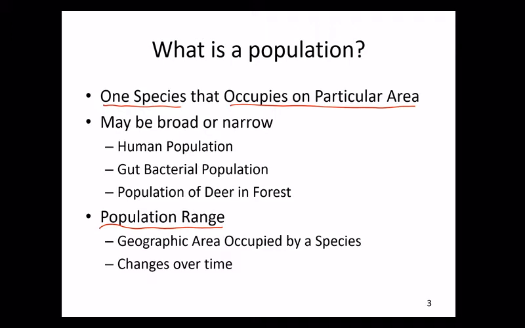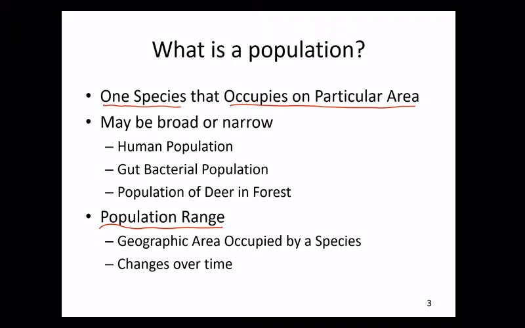The final way we can look at this would be connection to the ecosystem in which they evolve. Rather than defining this based on geographic area, we may look at the population of deer in a particular forest, which may overlap different geographic boundaries. The Appalachian forest.